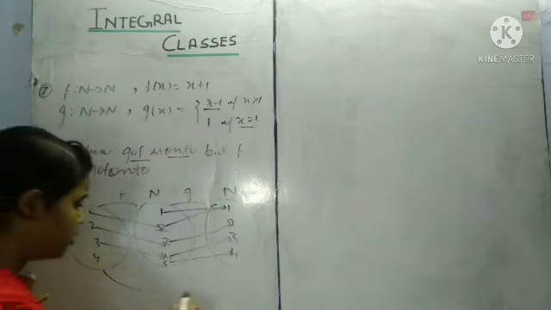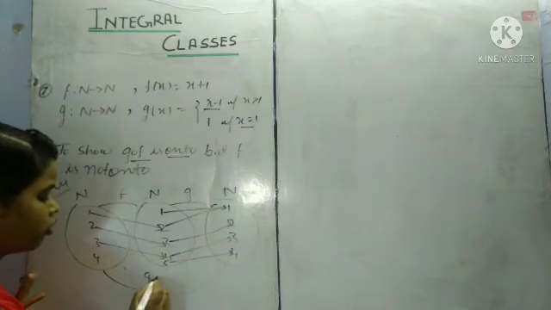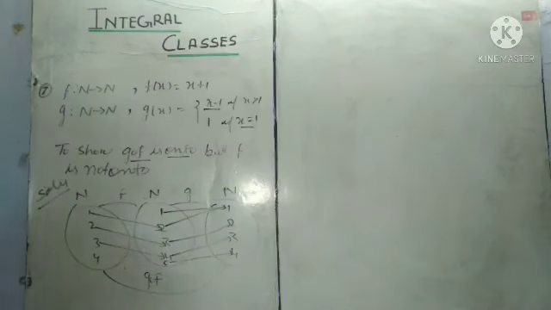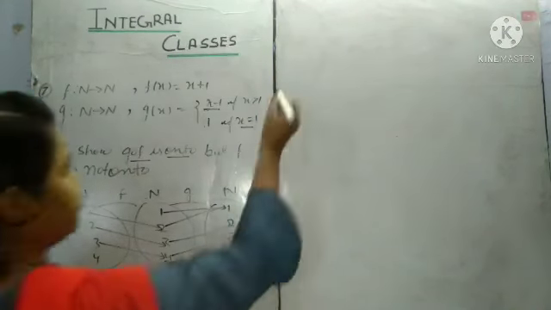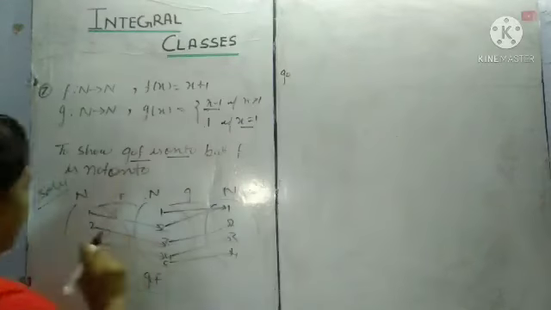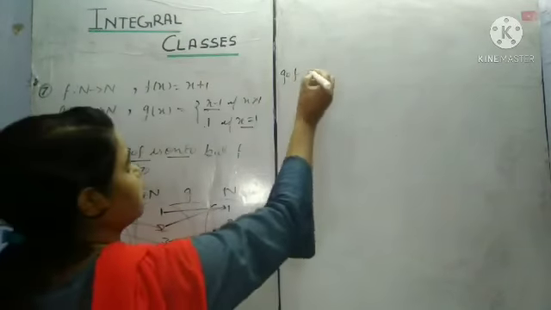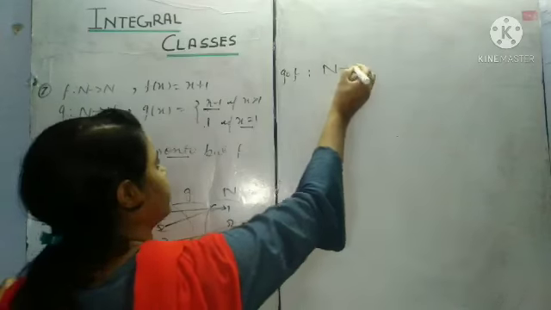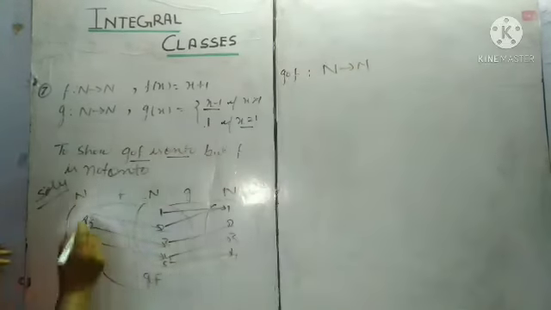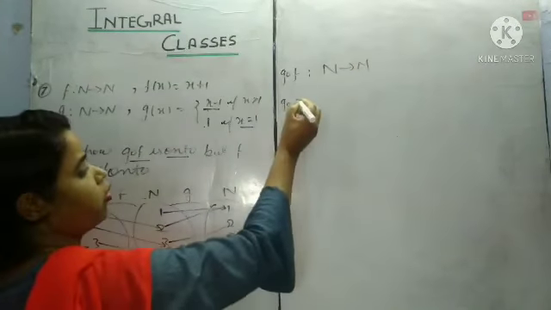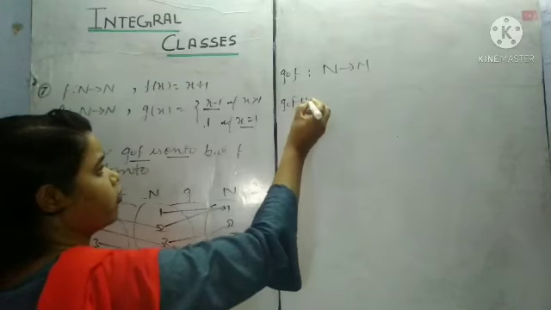Now we will talk about g of f, g o f. For g o f, student, we find the value of g of f(1), because g o f is defined N to N. So now we will put the value g of f(1).